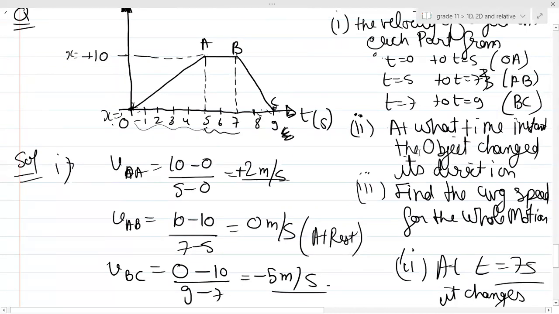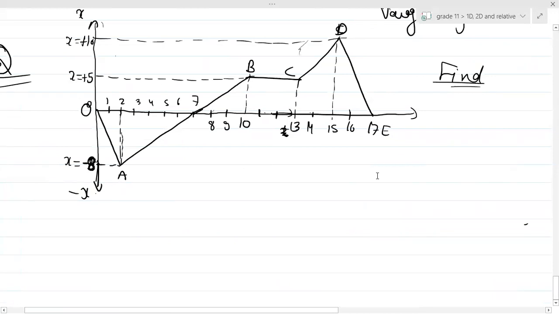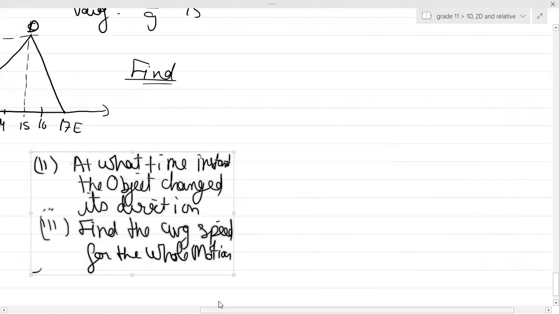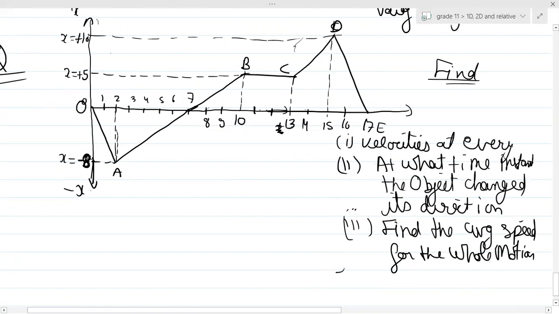Find the velocity of each part, and the velocities at every point. Is this clear, guys? Yes.